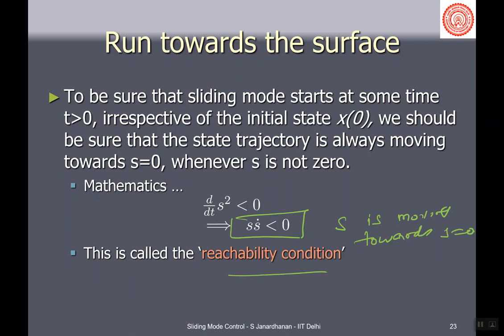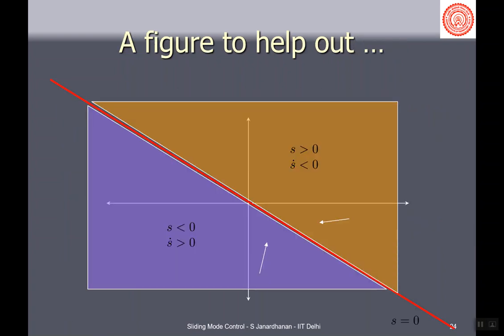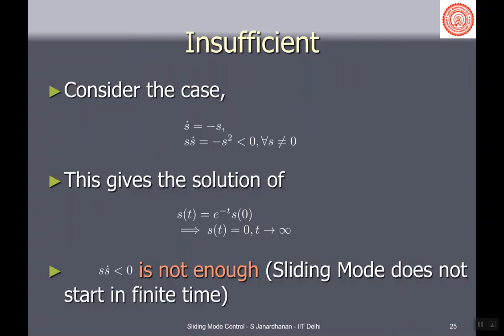So this is the reachability condition. This may be a little off. So you have a sliding surface in a second order system, and the trajectories are moving towards the sliding surface. Let's take one example and see what the case is with this.